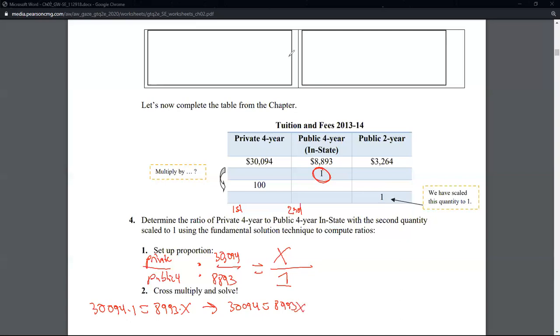Then we divide both sides by the 8,893. If you do that division, what do you get? 3.4. Rounded to 1 decimal place, 3.4 is x.